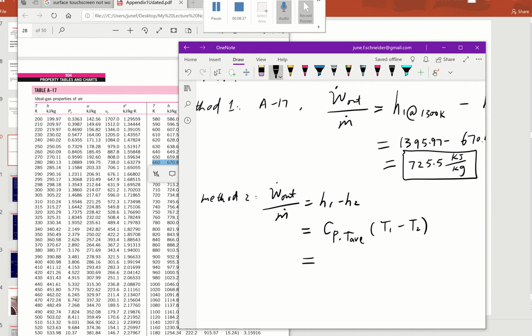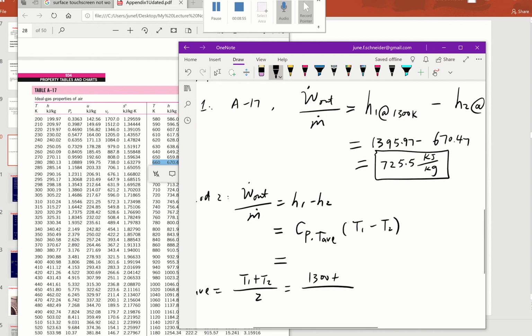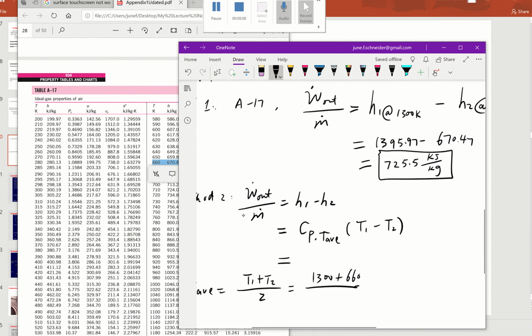Now let's take a look. So where do we find average temperature? We know the T average is going to be half of initial plus final. Initial is 1300 K and end temperature is 660 K. Then we divide by 2.